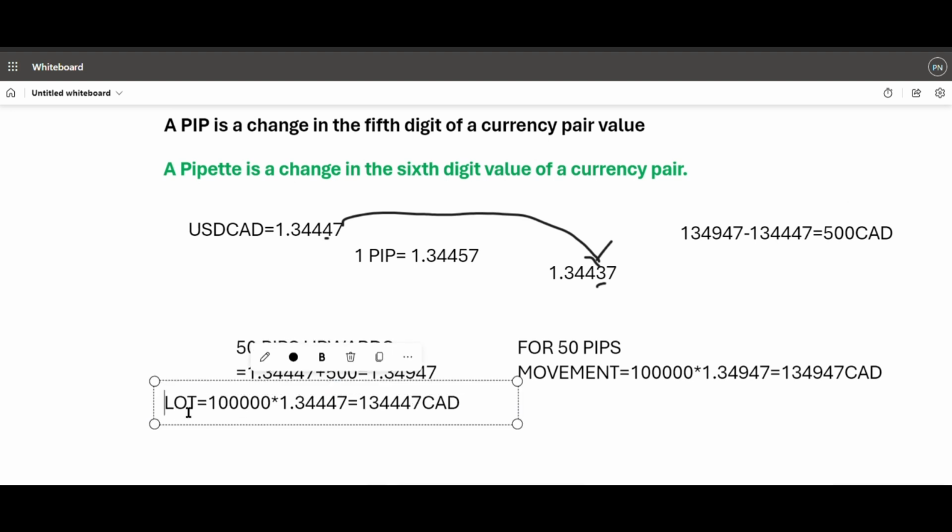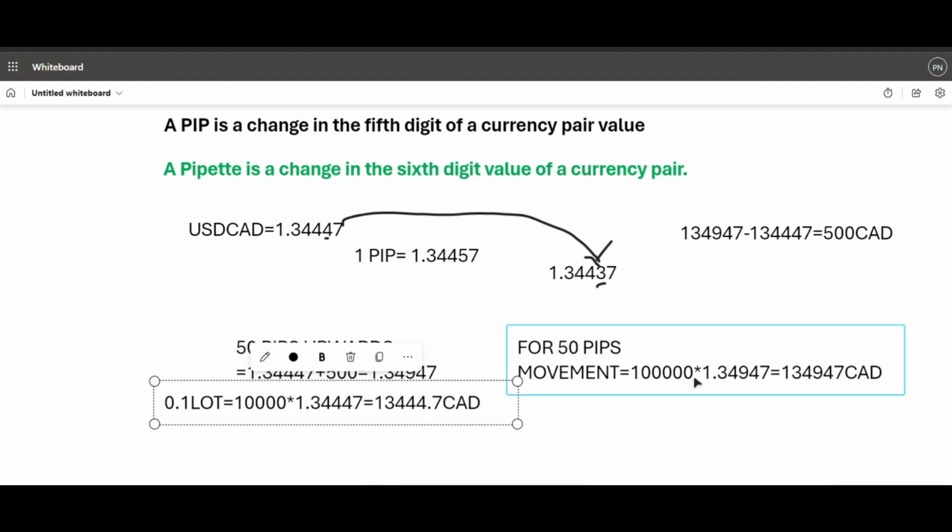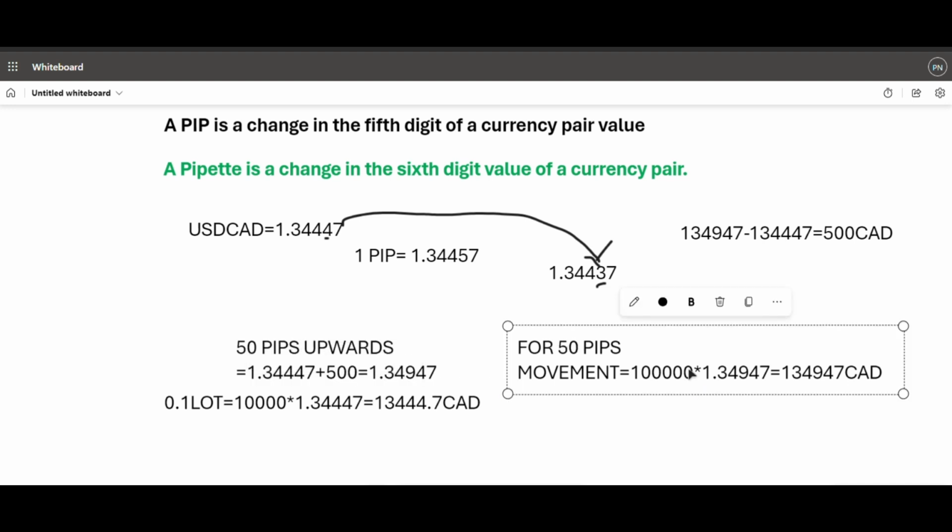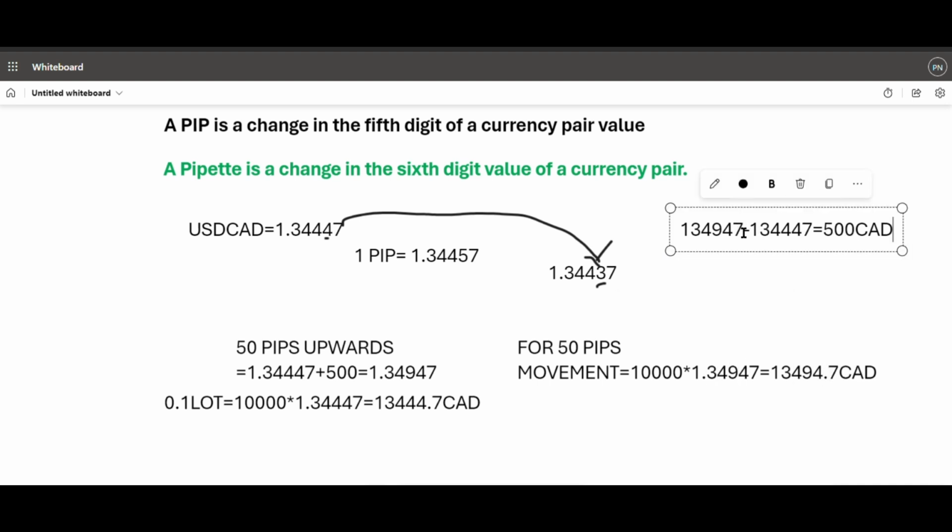So if you use 0.1 lot size on this trade, it will be reduced by 10,000. Here will also change to 10,000, and if you do that, that will give you 50 Canadian dollars for 0.1 lot size.